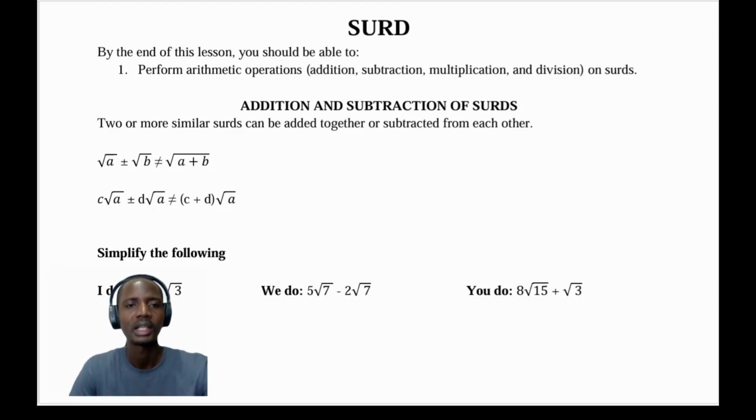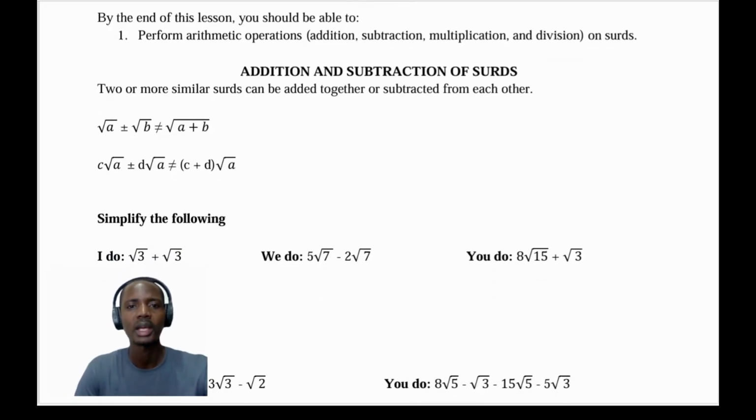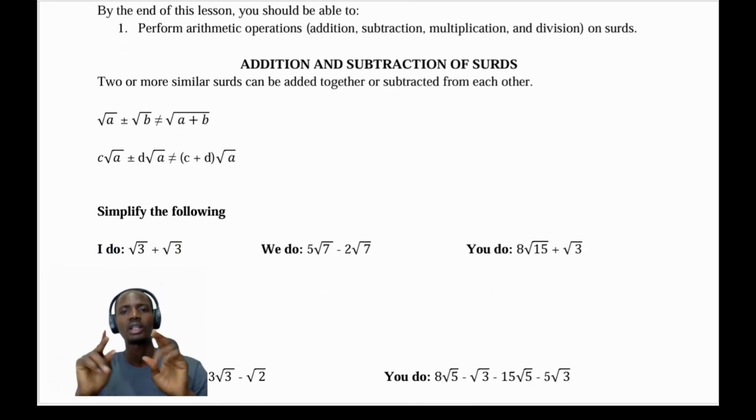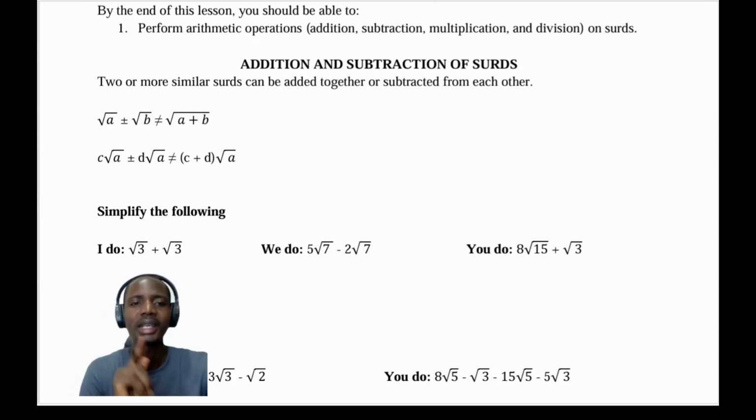So let's begin. Now, it is important we know that two surds cannot be added or subtracted if they are not similar. So both surds have to be similar. And remember, we look at the radical parts.